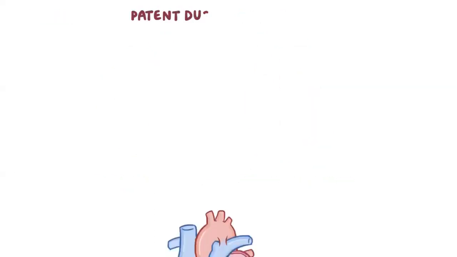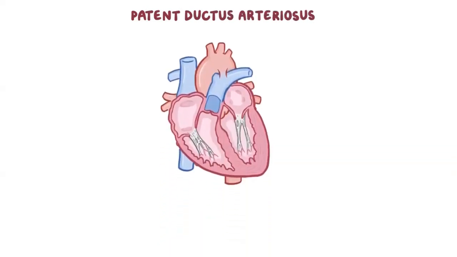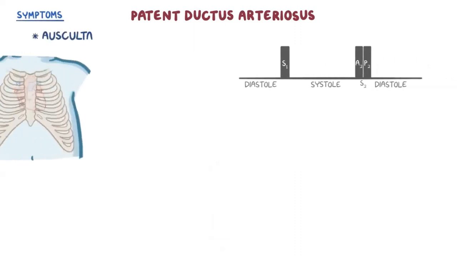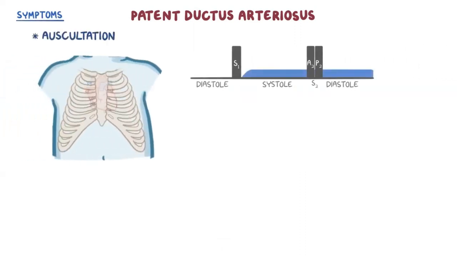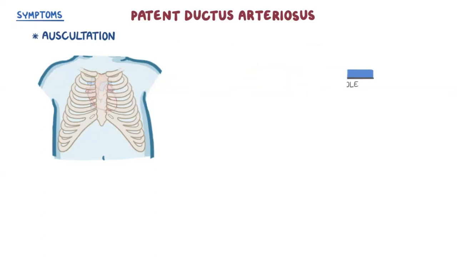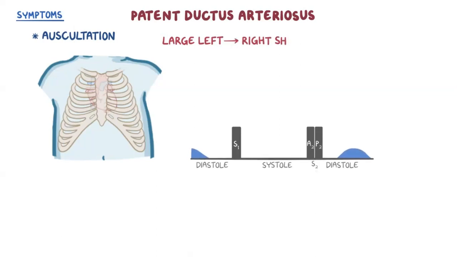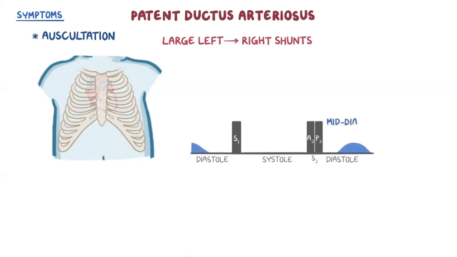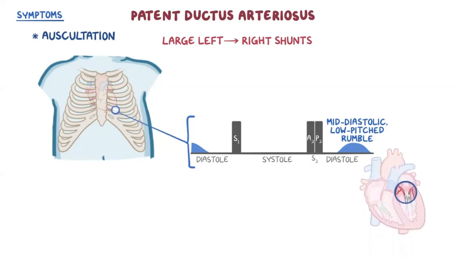Next is patent ductus arteriosus, and that's when the ductus arteriosus stays open after birth. On auscultation, a continuous murmur with a machine-like quality is best heard in the second left intercostal space, soon after onset of the first sound. In those with large left to right shunts, a low-pitched mitral mid-diastolic murmur may be audible at the apex as a result of the increased volume of blood flow across the mitral valve.